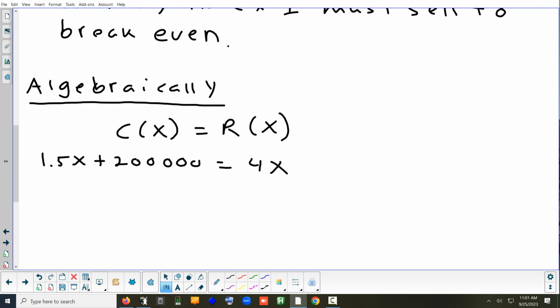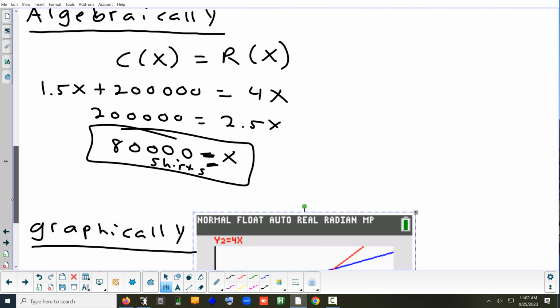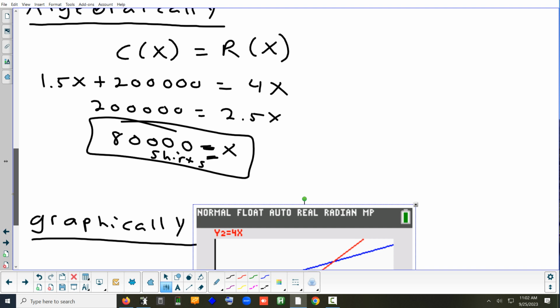So to solve it algebraically, you get 200,000 equals 2.5x. And how would you get x by itself? Divide by 2.5. And you could try it. Take 200,000 divided by 2.5. And you will get 80,000 shirts. So that's the number of shirts you need to sell to break even.